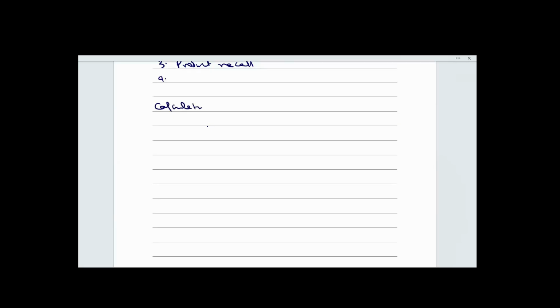So, calculating portfolio risk, return, correlation coefficients, and covariance.